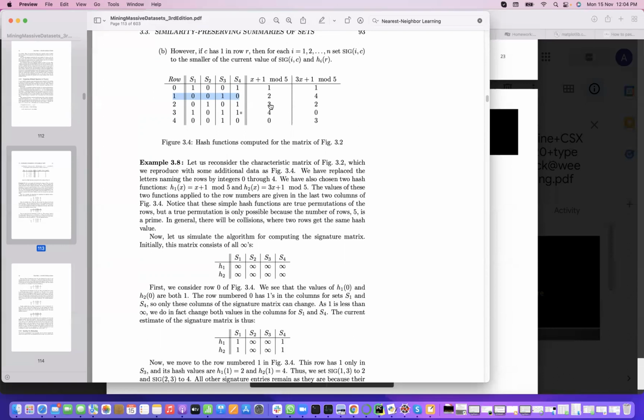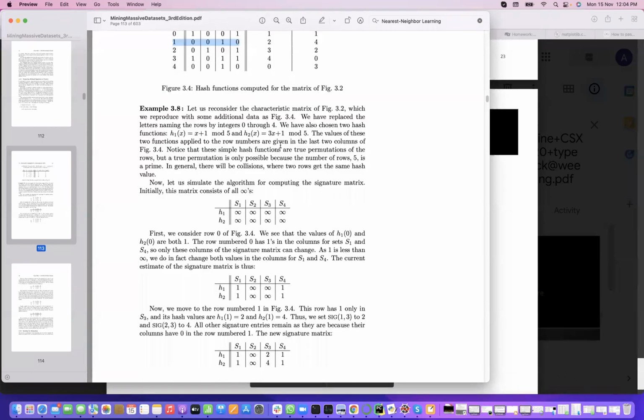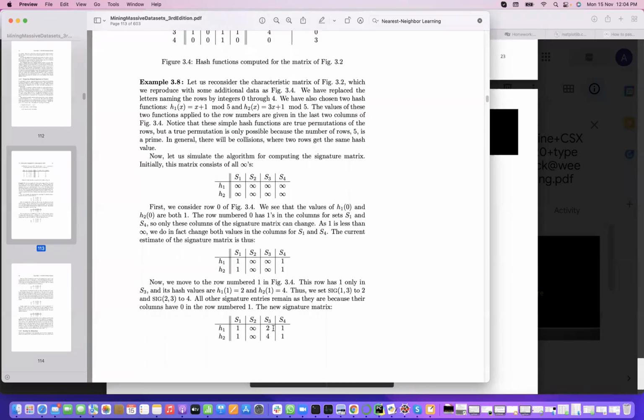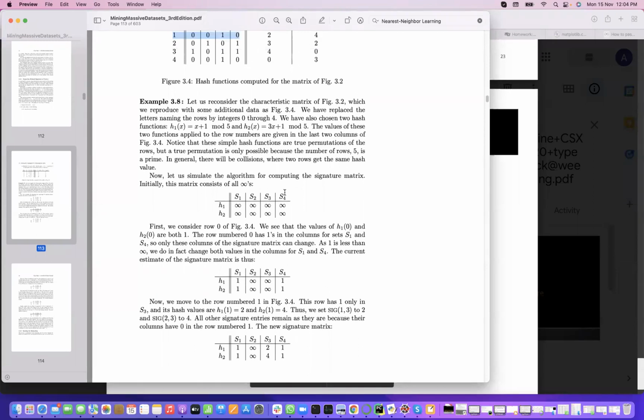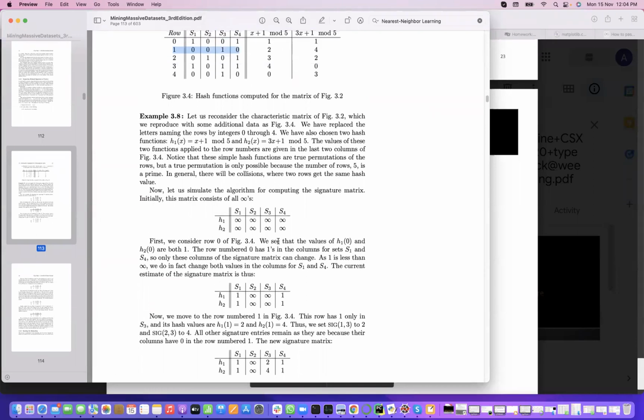Similarly, for S4 also, if it is more than 3, we'll replace. If the coming value is less than 3, we won't replace. So if you see here, 2 and 4 we got. Anyway, 2 is less than 3, so we won't replace. Where are we? In the second row, S2. We should consider only S2.